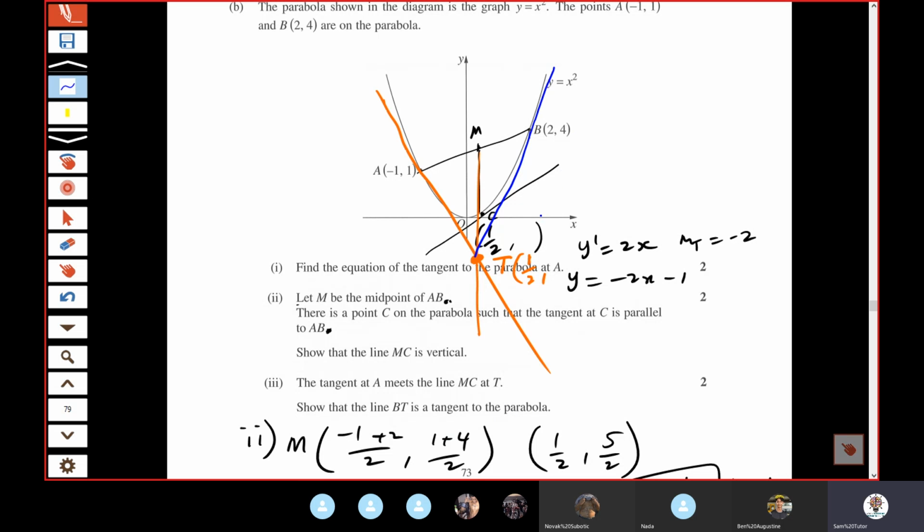Actually, I'm a bit stuck. So let me think. I know what I should do, but I don't want to do it. I'm just thinking, is there a way without doing it simultaneously? You don't think there is?